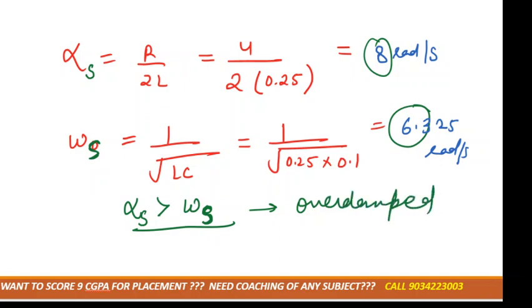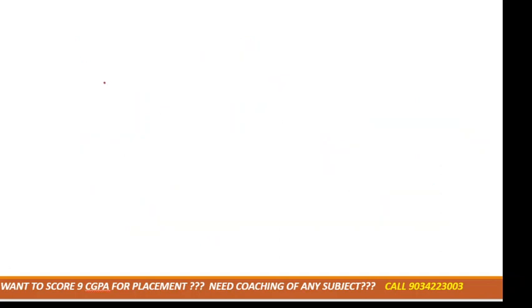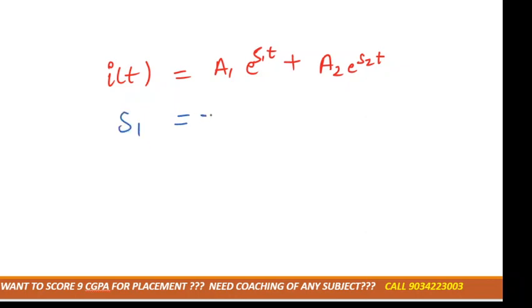And for overdamped, I told you the equation: i of t is equal to A1 e raised to power S1t plus A2 e raised to power S2t, right? S1 we need to calculate. S1 is minus alpha plus root of alpha square minus omega naught square.